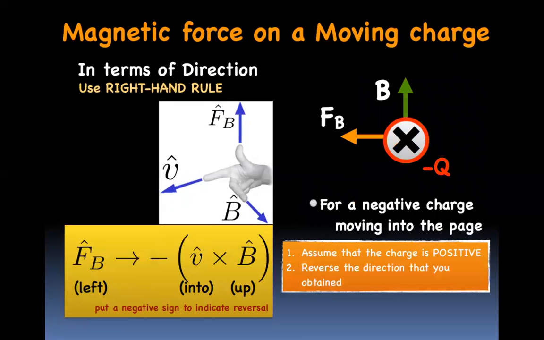If the charge happens to be negative, then we are to do the usual right hand rule, assuming that the charge is positive. Eventually, we are to reverse the direction that we have obtained.